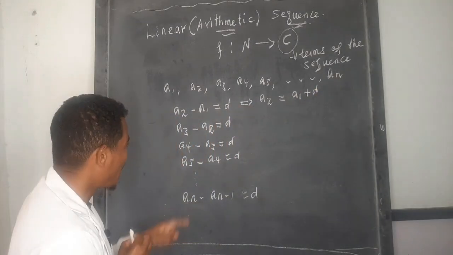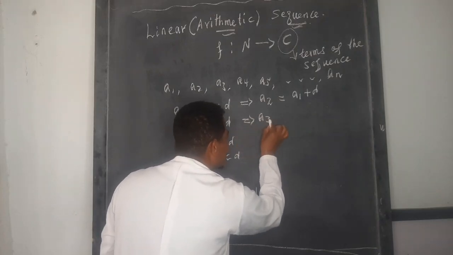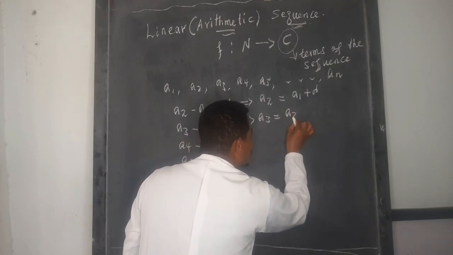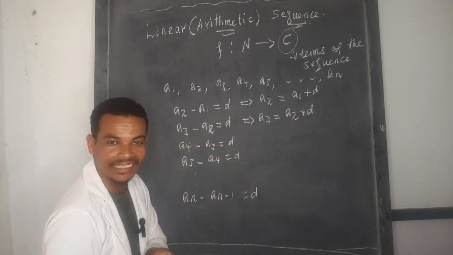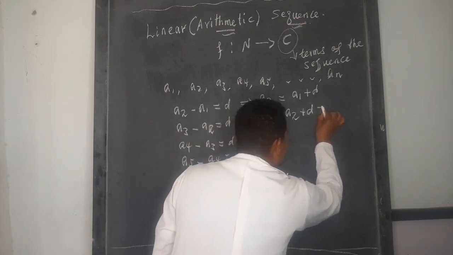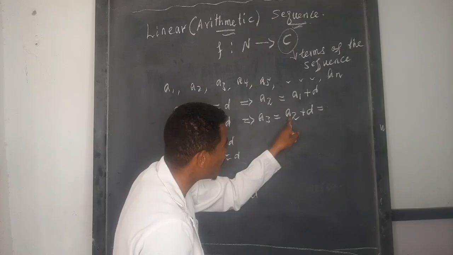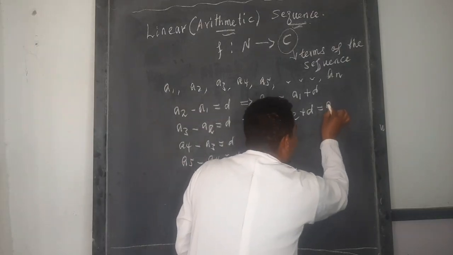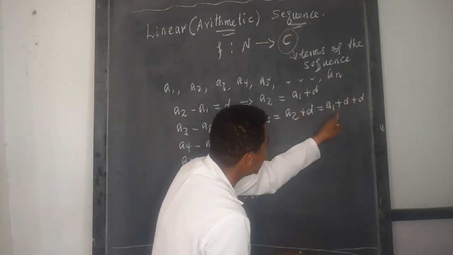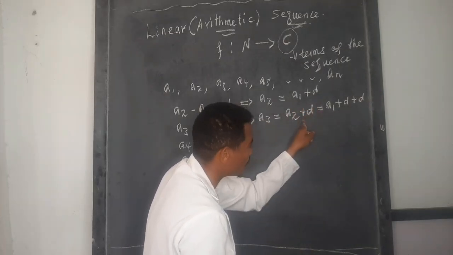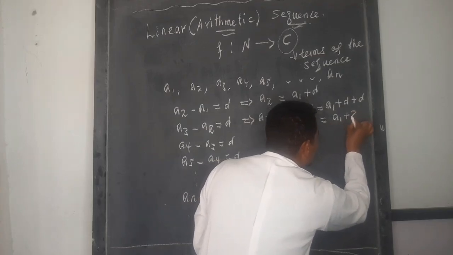Again, a3 is equal to a2 plus d, and a2 means a1 plus d, so I can replace it: a1 plus d plus d, which is the same as a1 plus 2d.